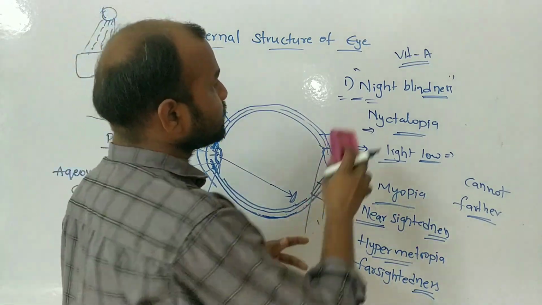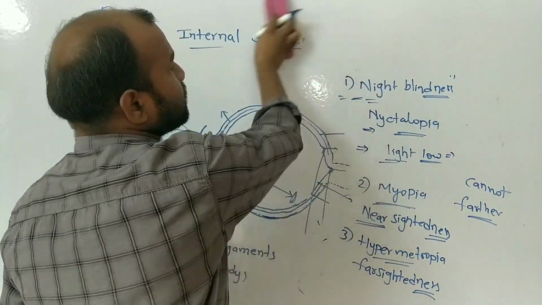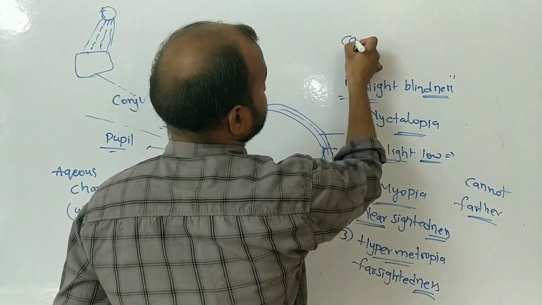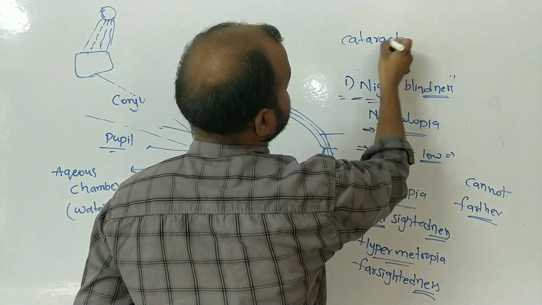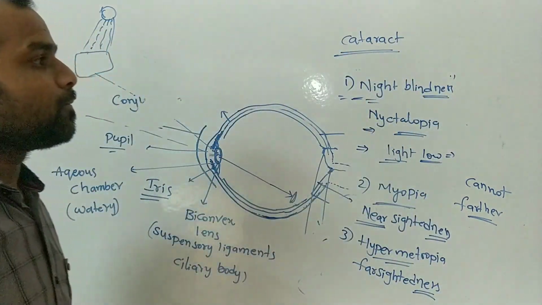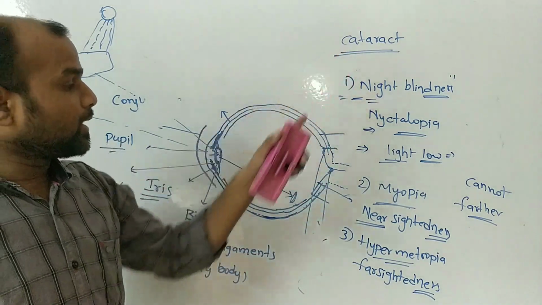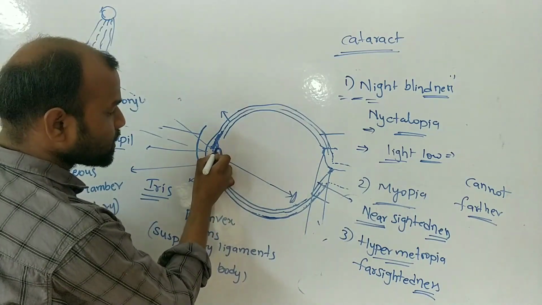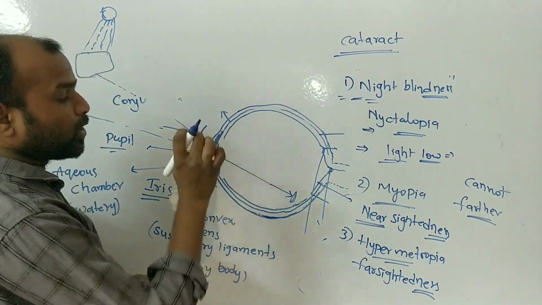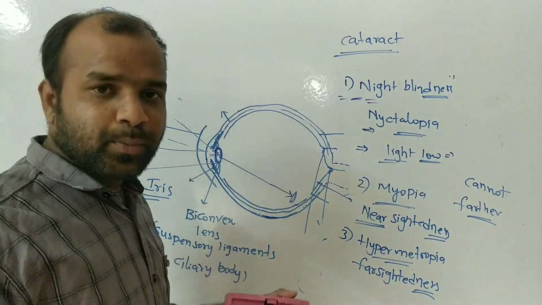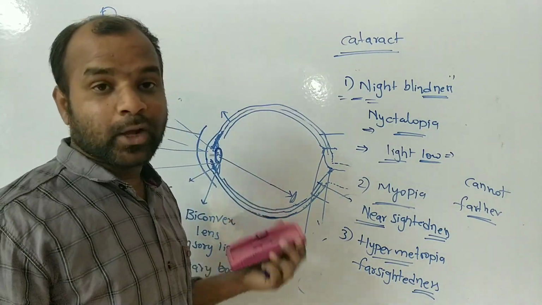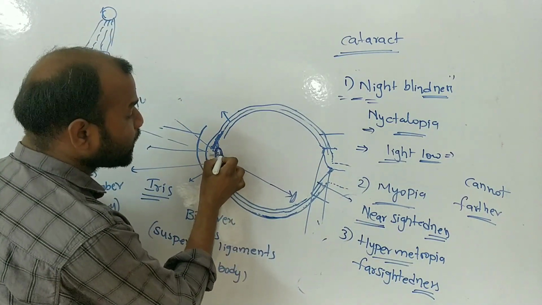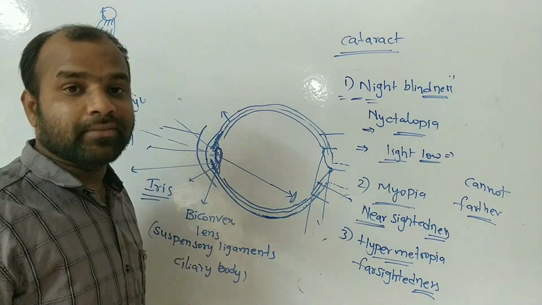Another disorder is cataract. Cataract is nothing but cloudiness. Whenever there is a deficiency of the proteins present in the biconvex lens, it forms a cloudy biconvex lens.